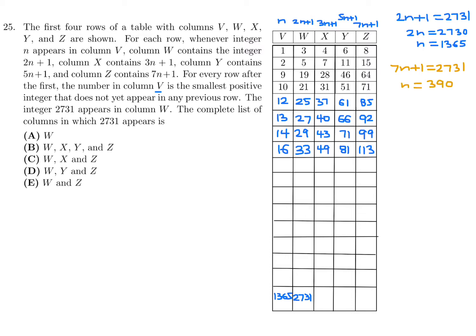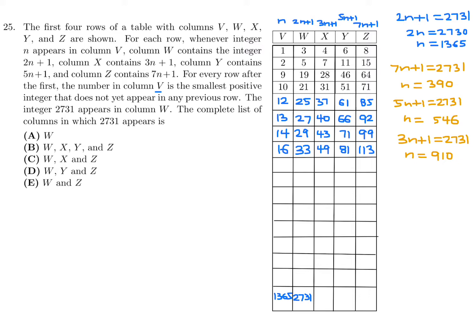If 2731 appeared in Y, then that would mean that 5n plus 1 is equal to 2731, and therefore n would be equal to 546. If 2731 appears in X, then that means that 3n plus 1 is equal to 2731, and therefore n is equal to 910.